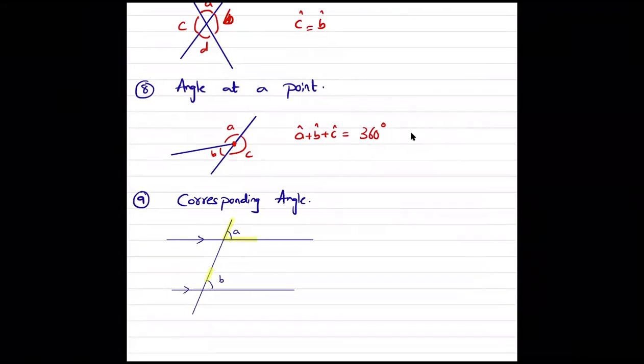These two angles are going to be called corresponding angles. So angle A corresponds to angle B. Similarly, angle C is going to correspond to angle D. Angle E is going to be equal to angle F. Angle G is going to be equal to angle H. So all of these are corresponding angles, and corresponding angles are formed when you have a pair of parallel lines.